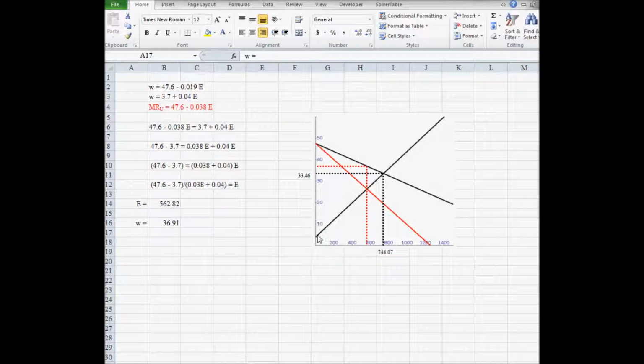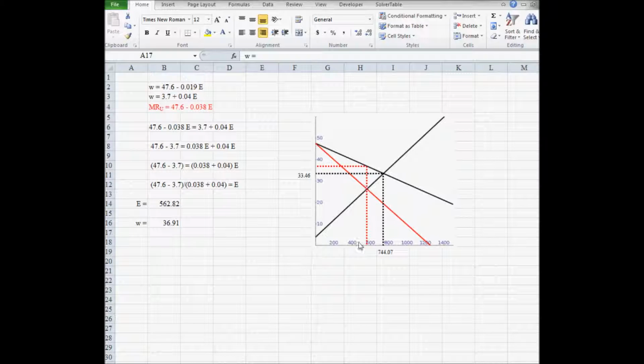To get this height, we just take the difference of the wage, which is calculated, 36.91, and the intercept of labor supply, 3.7. And we average that height, like I said, with this height.